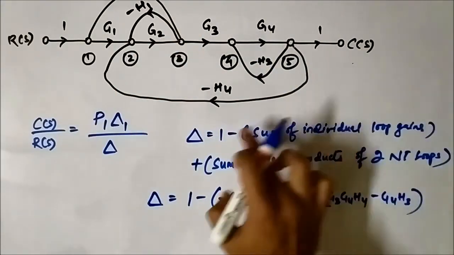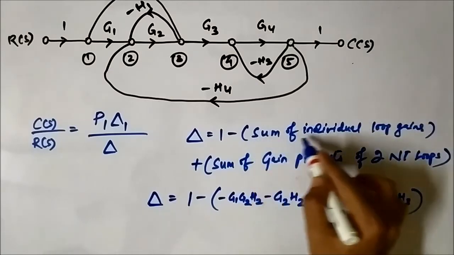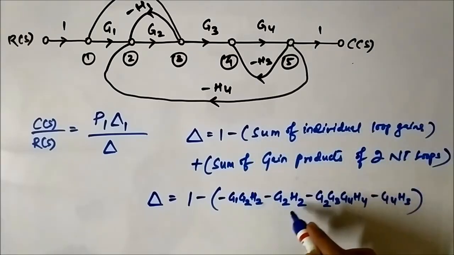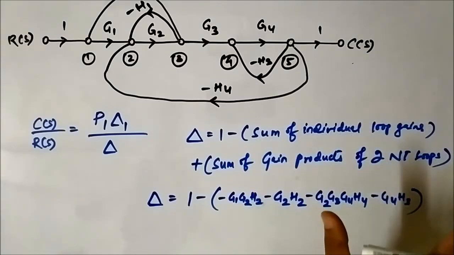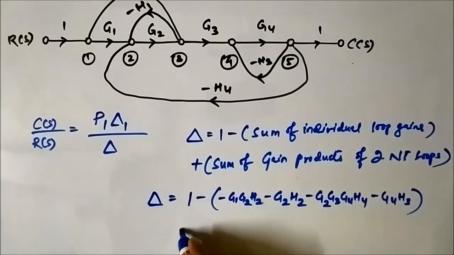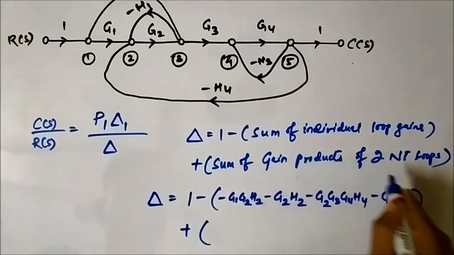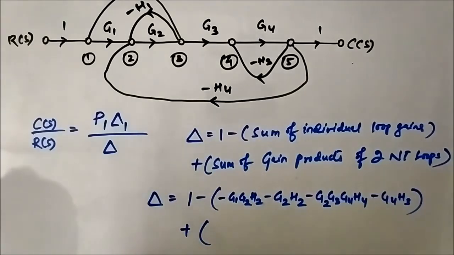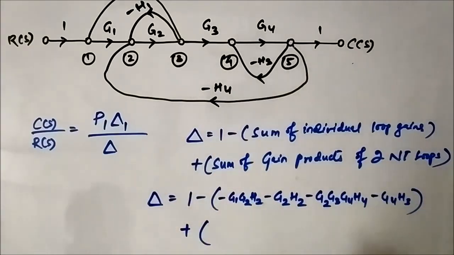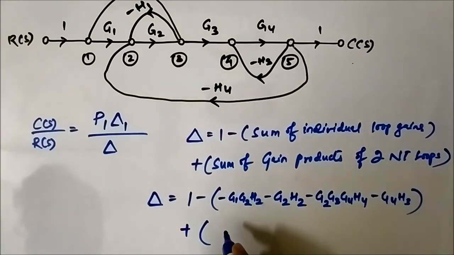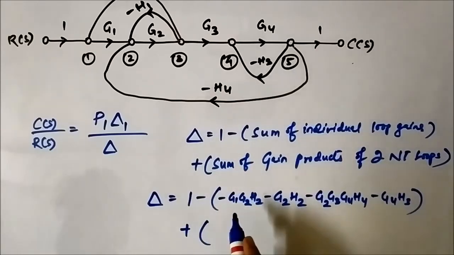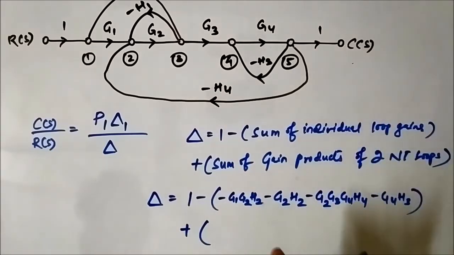Okay, 1 minus the sum of the individual loop gains. This part is over. Sum of the individual loop gains, L1 plus L2 plus L3 plus L4, as there are only four loops. Now the gain products of two non-touching loops. It means L1 L3 plus L2 L3, the two non-touching loops which I just wrote here.